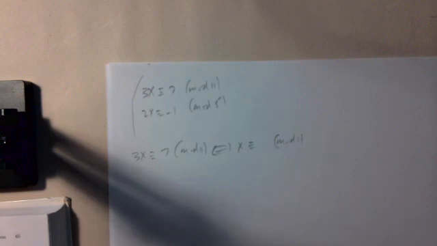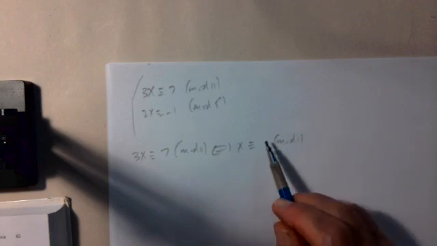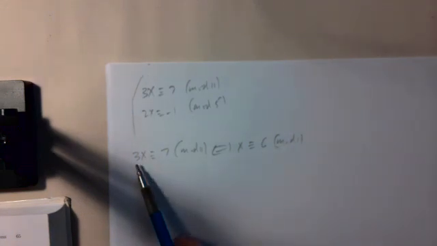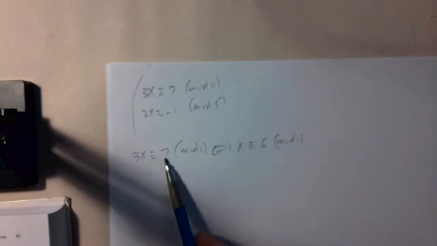Any suggestions? Six. Yeah, because 3 times 6 is 18, and 18 minus 7 is 11.